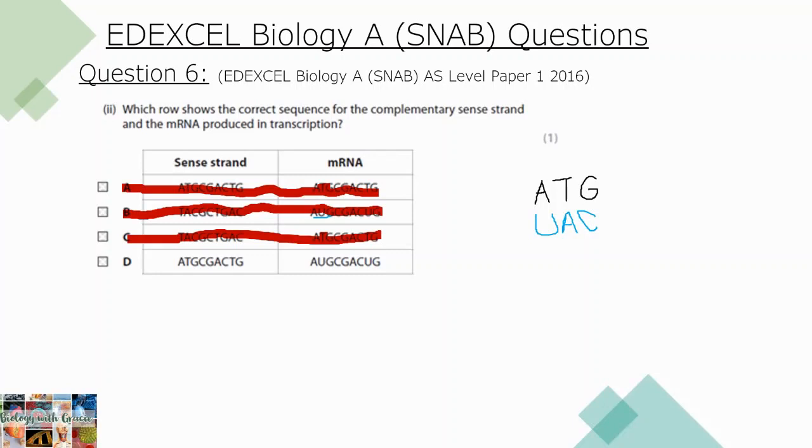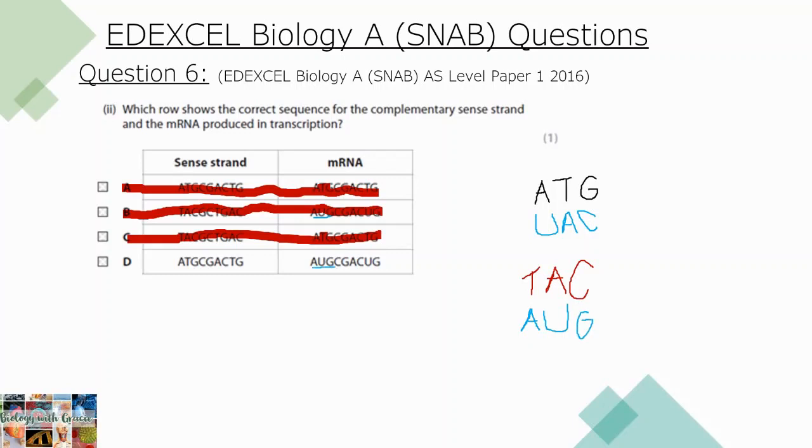So the template strand code is therefore going to be T, A, C, which means that mRNA should be T to A, to U, and C to G. And we do have AUG here.